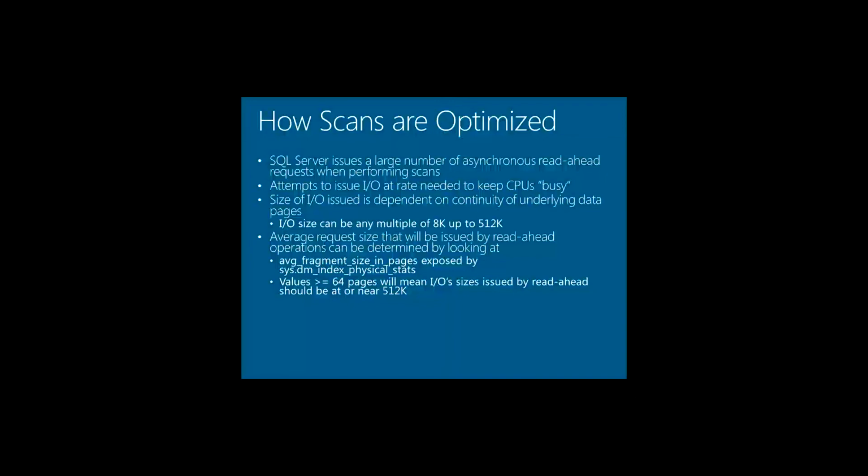We're always aiming to consume all the CPU capacity we possibly can. The size of the IO is going to depend on how contiguous the data is on disk. You can observe the size of the IOs consumed in the read-ahead by looking at some counters, such as average fragment size exposed by index physical stats.